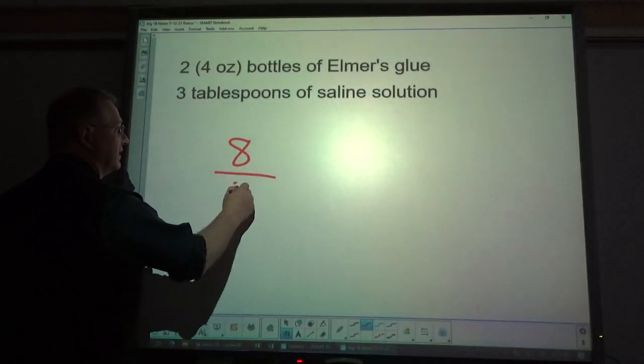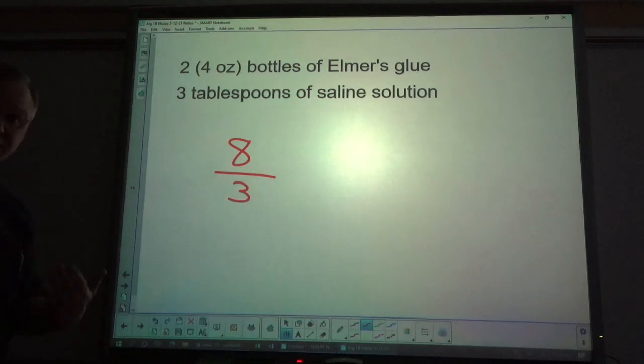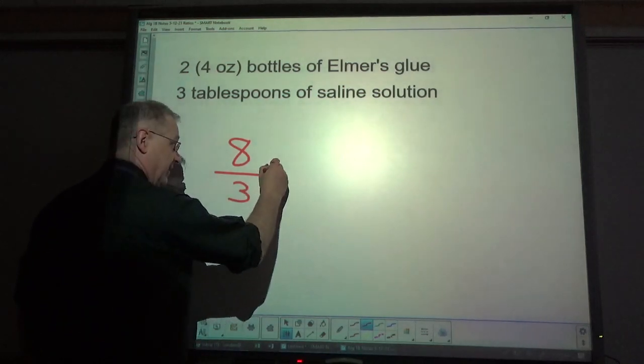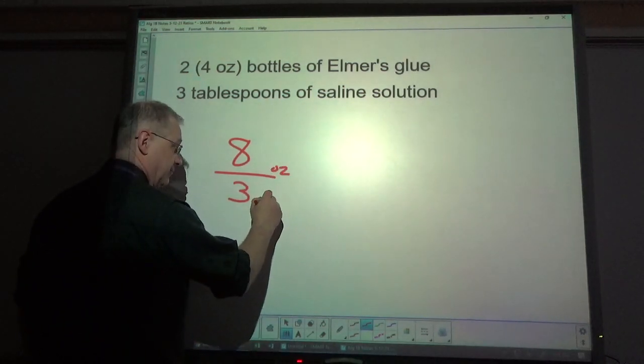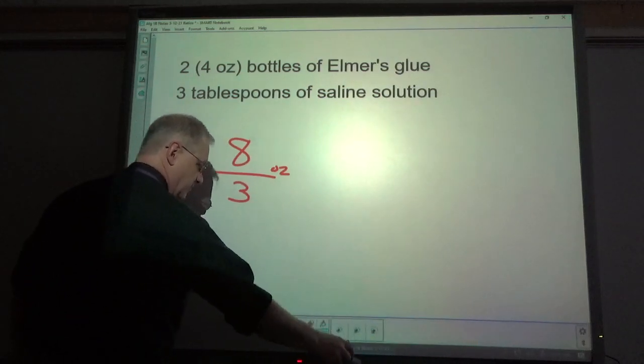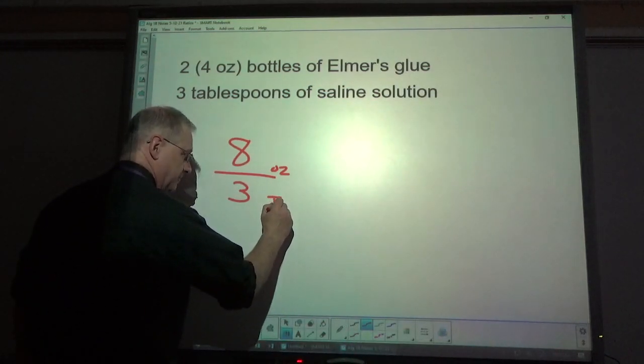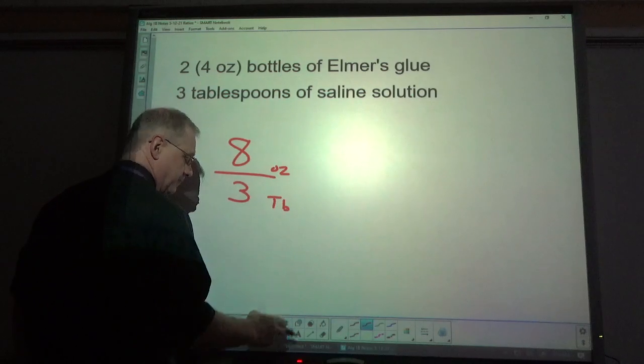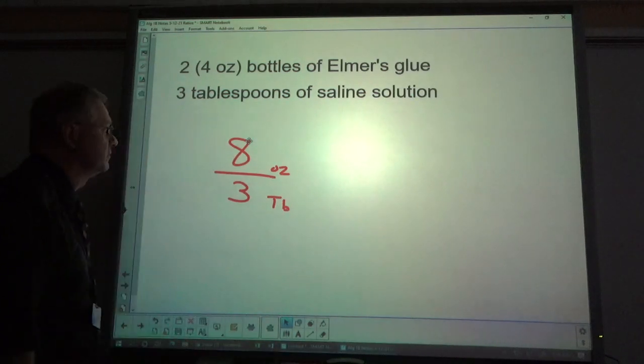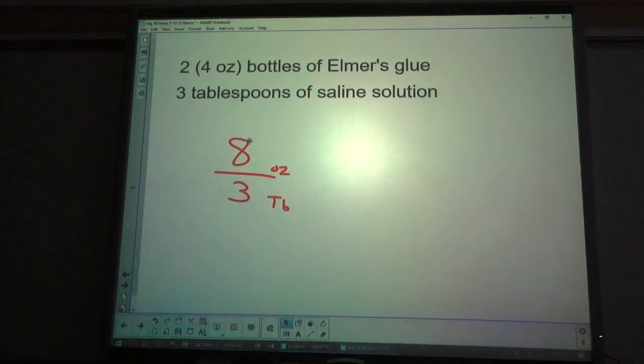And there's 3 tablespoons. And you could even label that ounces and tablespoons, not teaspoons, tablespoons. I think it's TB for tablespoons.